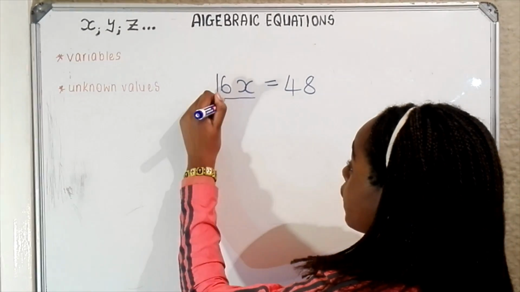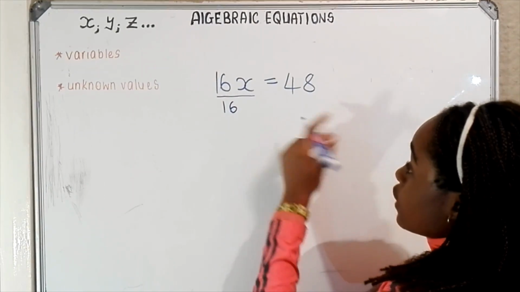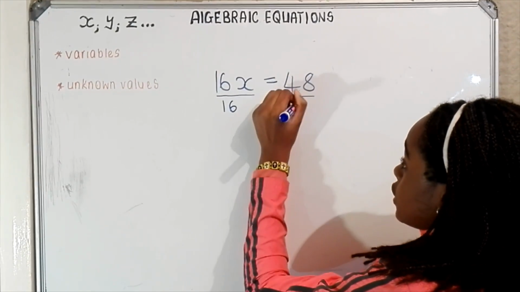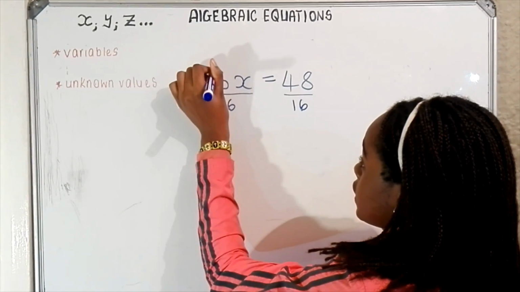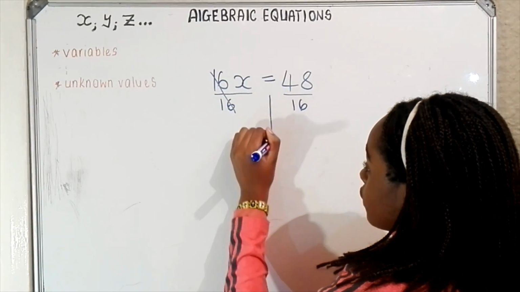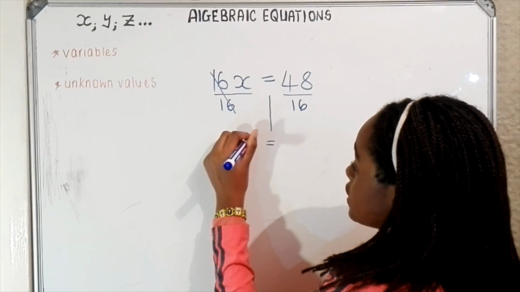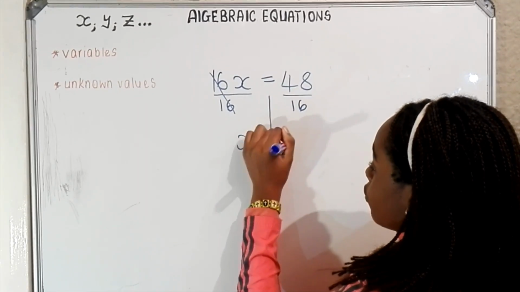So we'll divide by 16. Whatever you do on this side, you must do on this side as well. So we're going to divide by 16 here as well. So we're going to have 16 divided by 16, it's going to cancel, it's going to be 1. I bring this all the way down here. I'll have x is equal to 48 divided by 16 gives me an answer of 3.